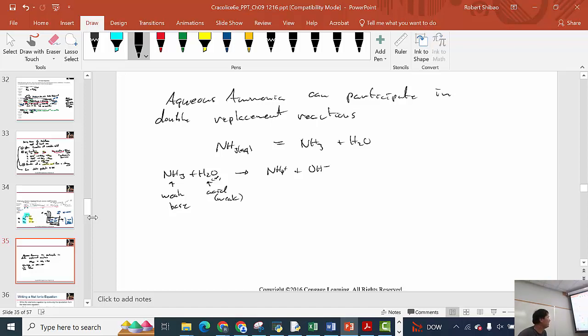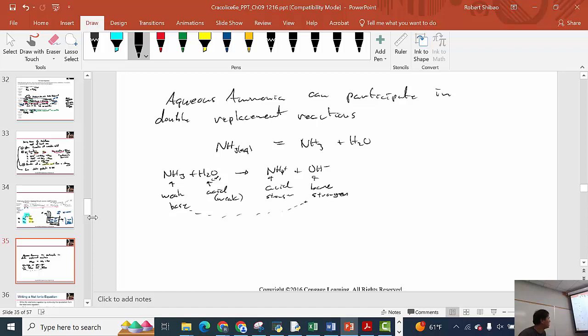This is uphill because it turns out that this is an acid and this is a base. And so what we're going from is a weak base to a stronger base. Yeah, and then we're going from a weaker acid to a stronger acid.